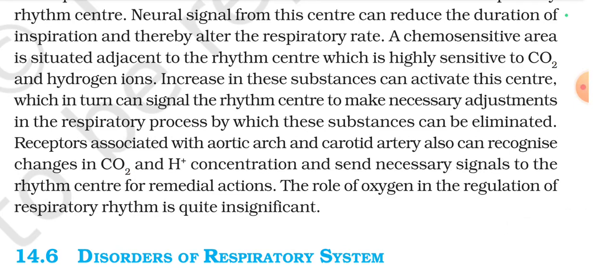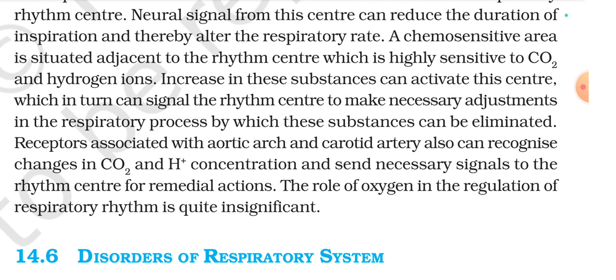A chemosensitive area is situated adjacent to the rhythm center, which is highly sensitive to CO2 and hydrogen ions. Increase in these substances can activate the center, which in turn can signal the rhythm center to make necessary adjustments in the respiratory process, by which these substances can be eliminated.